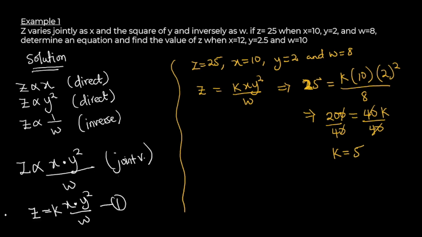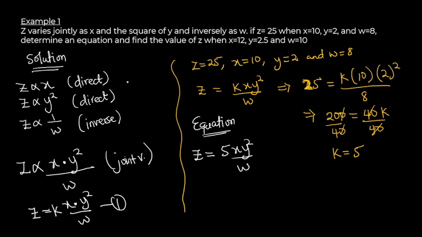So hence I can go ahead and write my equation for this problem to be Z is equal to 5X multiplied by Y squared all on W, as my variation equation, or the equation that I was asked to find.